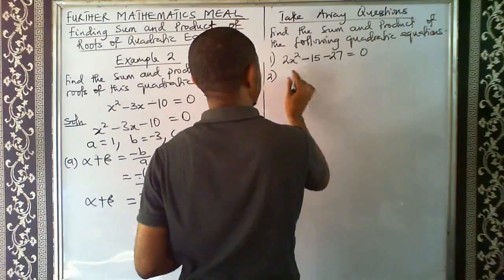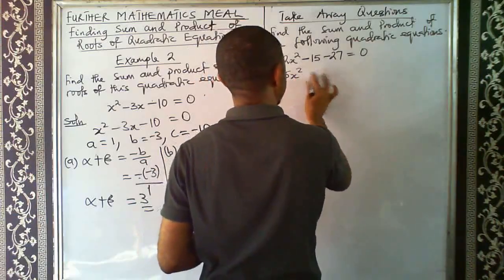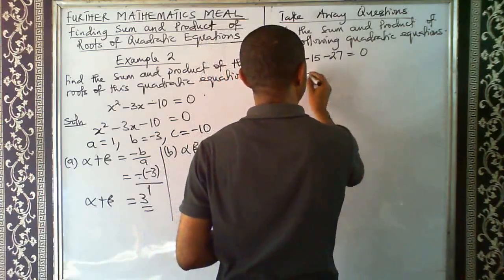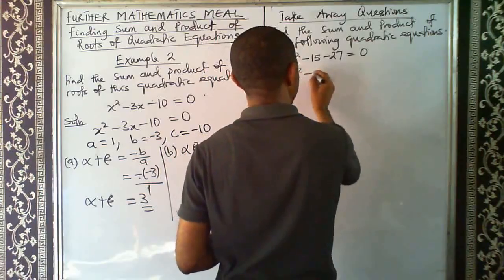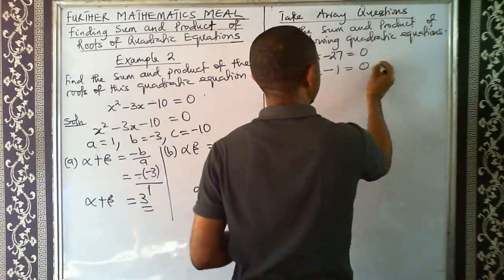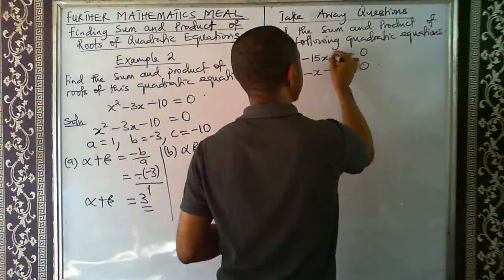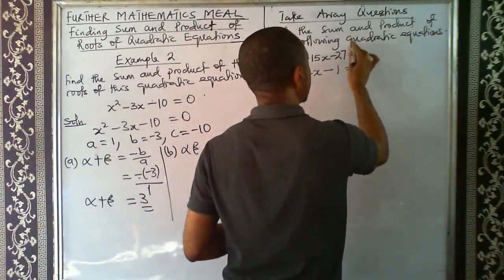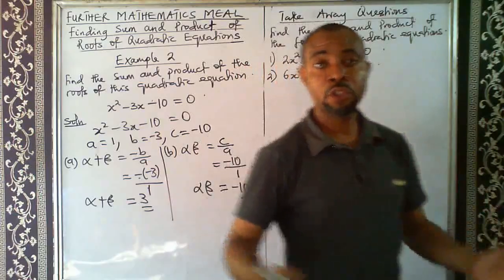Then 2, we have 5x squared is x squared minus x minus 1 equals 0. Okay, so this 15x minus 27 equals 0. Okay, just do this too.